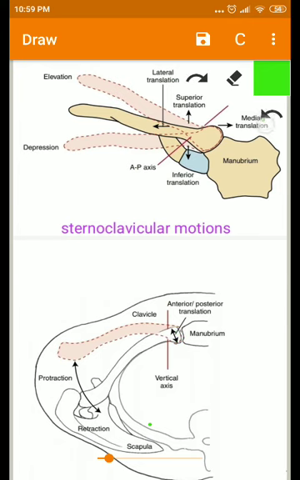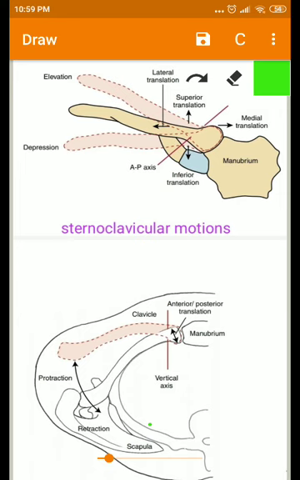Okay, so protraction and retraction occurs around a vertical axis which also lies at the costoclavicular ligament. Because of the saddle shape of the joint, the configuration of the surfaces is reversed in this movement.